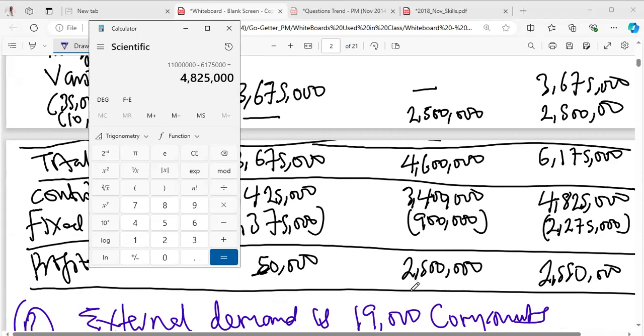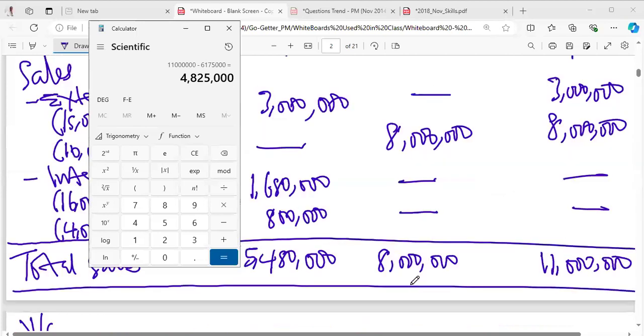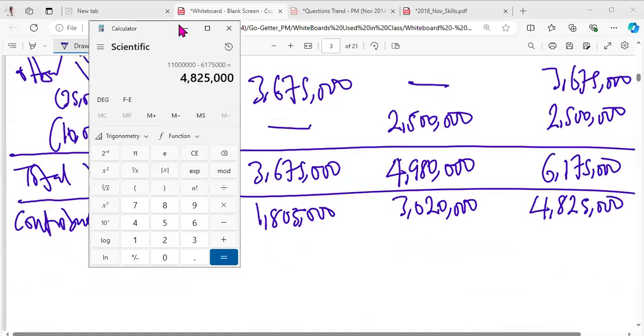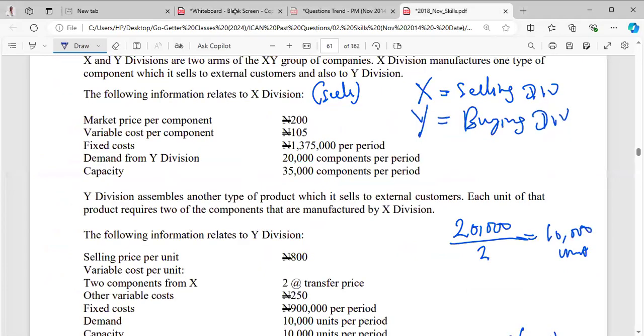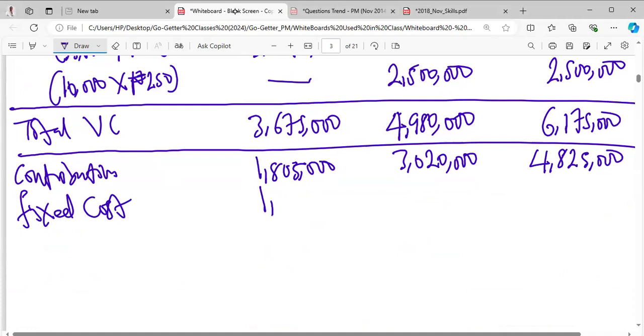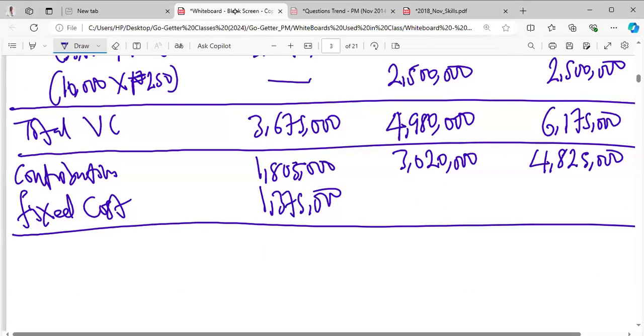So let's look at it now. Fixed costs. Let's remind ourselves this is 1,375,000. Let me do the profit immediately. Profit.